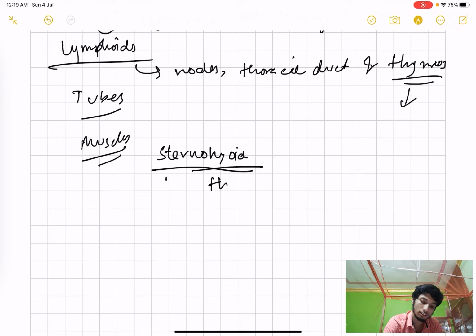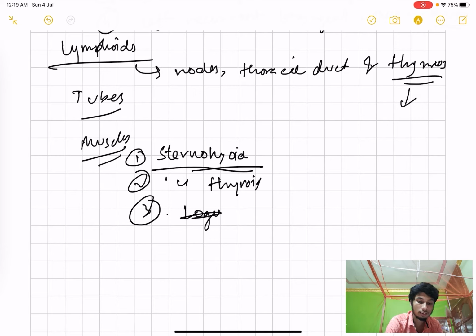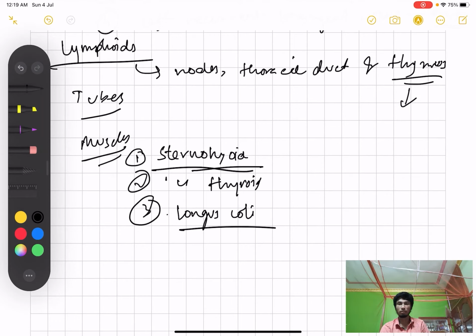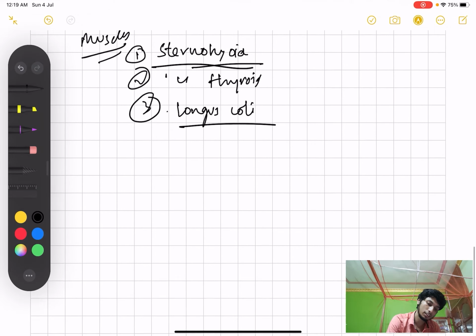Sternohyoid, sternothyroid, and one new muscle, that is longus coli, that will not be there. So this part is done.